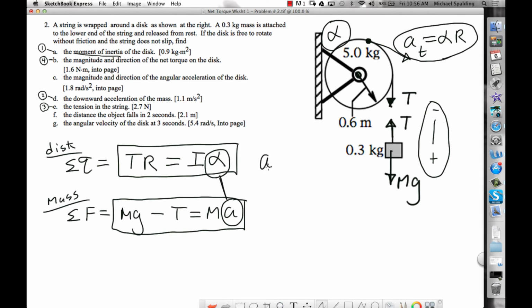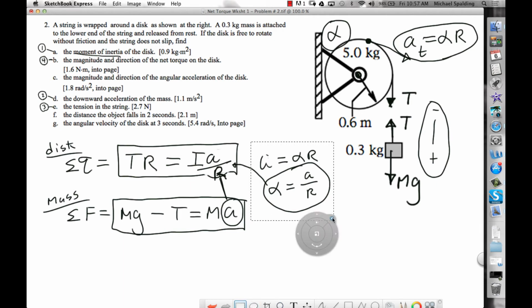So linear acceleration equals angular acceleration times radius, so angular acceleration is linear acceleration over radius. We'll plug that in up there, so this is going to be I, A over R. Now we have A in both equations. Then I substituted these two equations together.